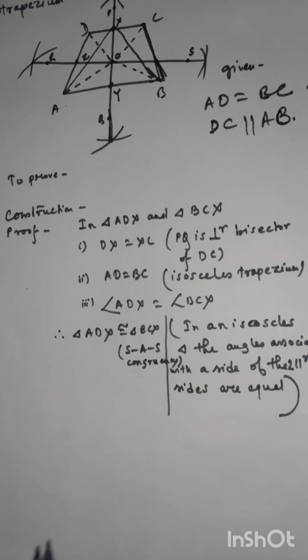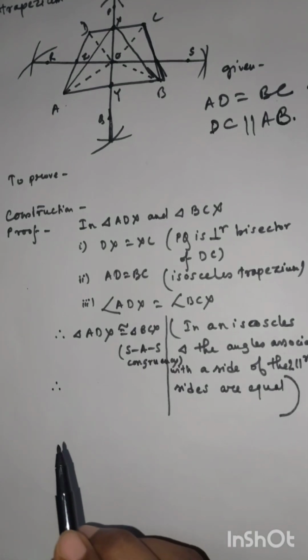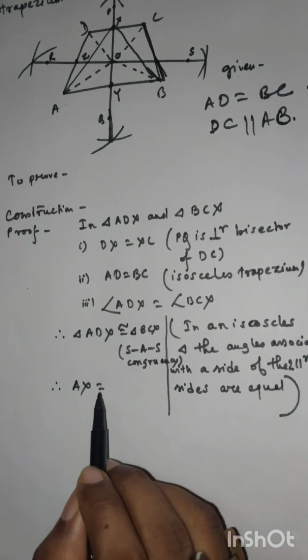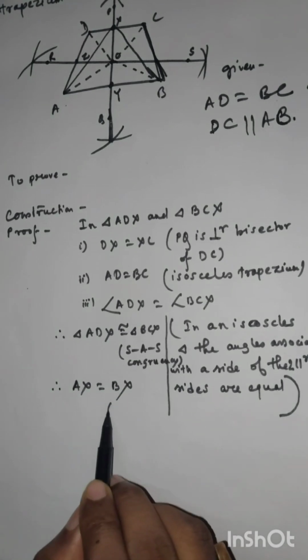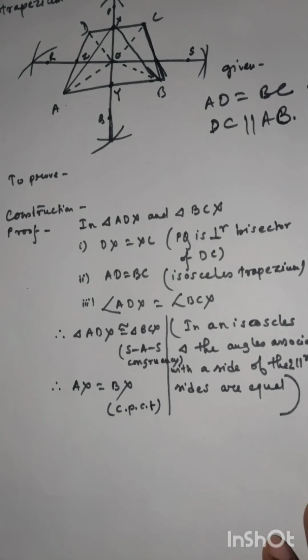Now therefore we can say AX must be equal to BX. Why? Because corresponding parts of congruent triangles, CPCT in short.